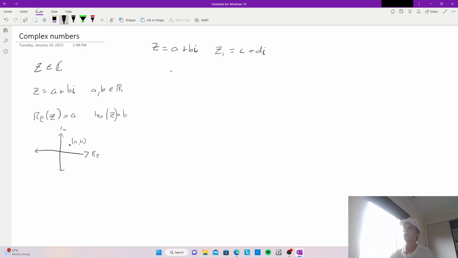And then we'll just calculate z plus z1. Now, this will just be equal to a plus bi, and then plus c plus di.